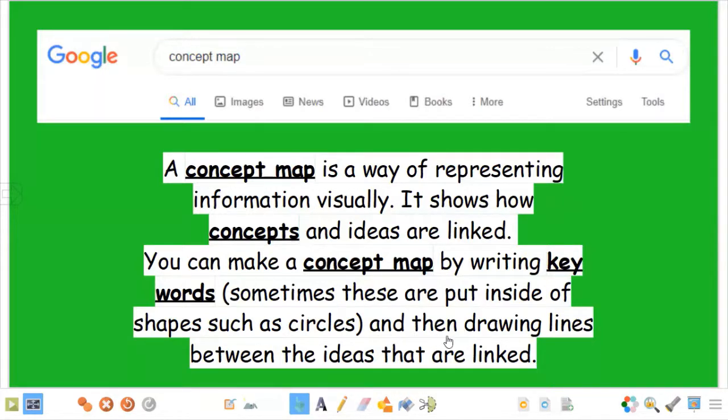And then drawing. Lines. No, I think it might be another split digraph. Lines.